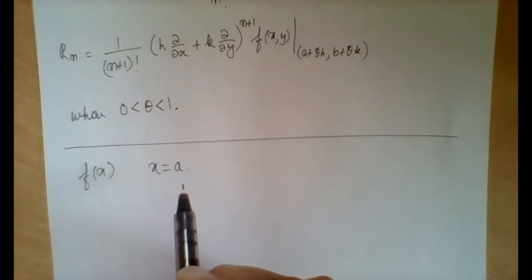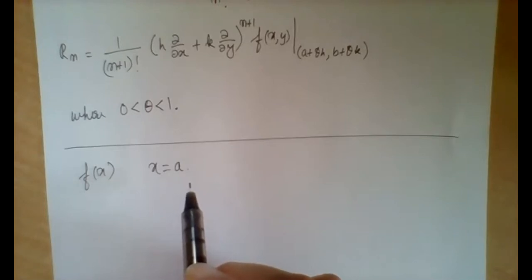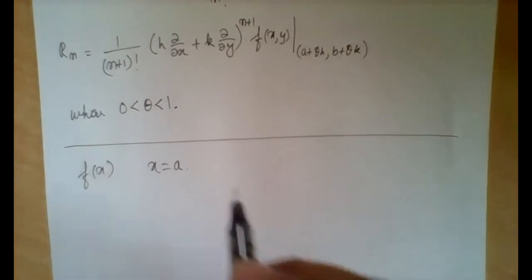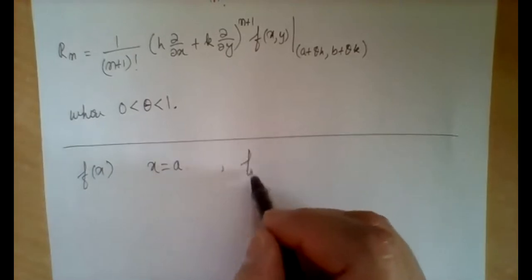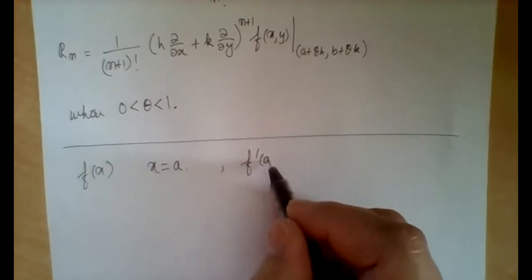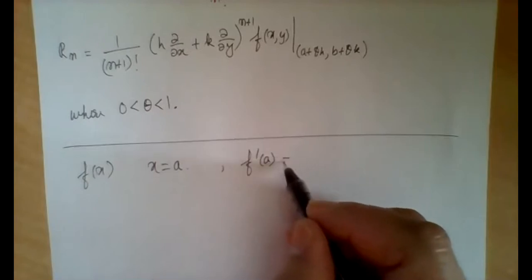What are the necessary conditions? The necessary condition that the function f(x) has an extremum value at the point x = a is that the first order derivative of f calculated at the point a should be equal to 0.